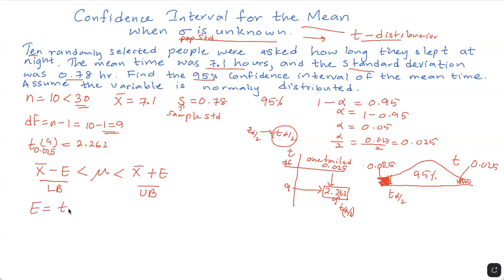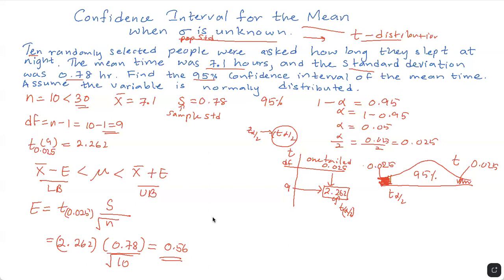The formula uses the critical value t alpha over 2 times, now we don't have any other option but to use the sample standard deviation, divided by the square root of the sample size. So t alpha over 2 is 2.262, sample standard deviation is 0.78, divided by the square root of the sample size 10. So this value is 0.56. The margin of error is 0.56.